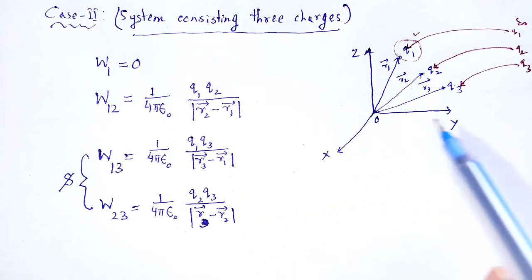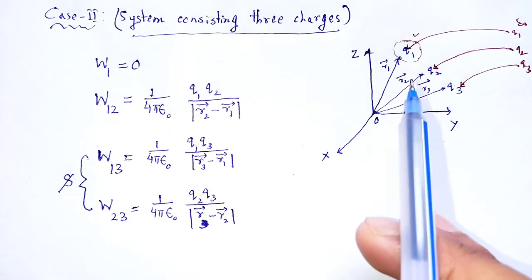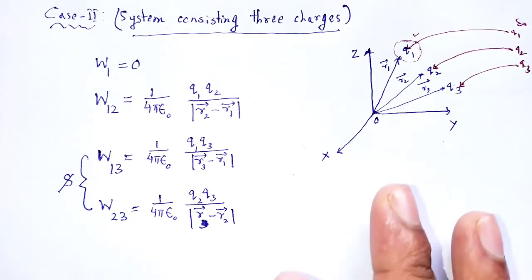We have to calculate the total electric potential energy of the system of three point charges.